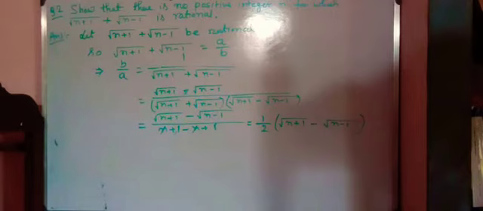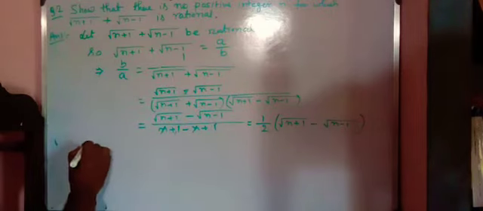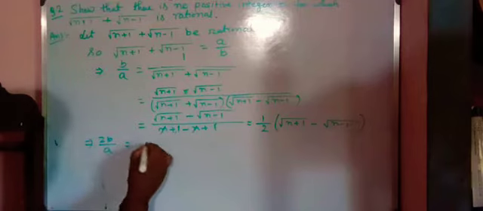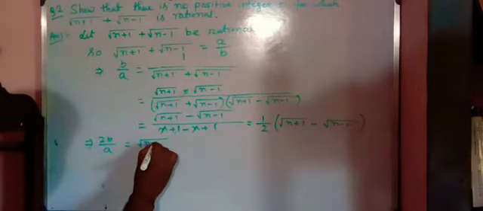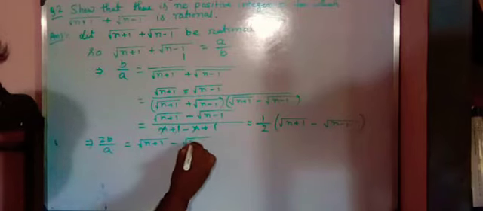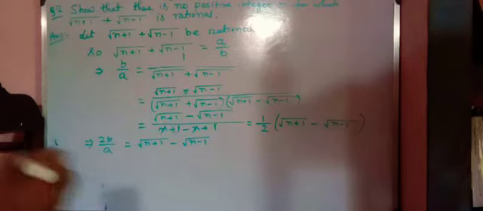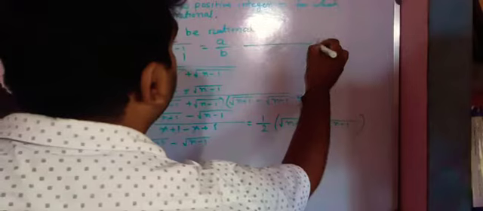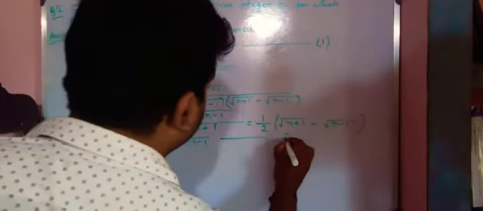Okay, so 2b by a is equal to root over of n plus 1 minus root over of n minus 1. So this is my 1 and this is 2.